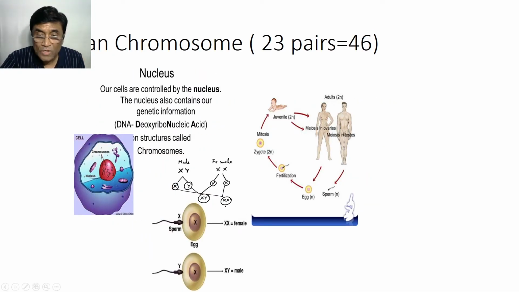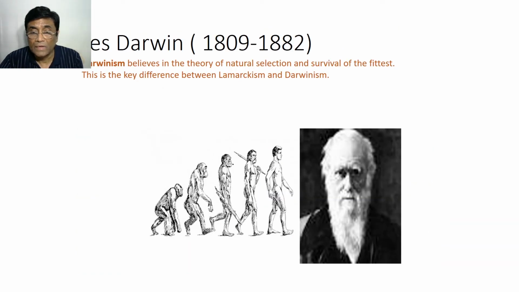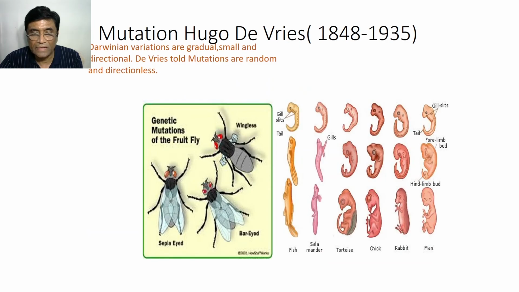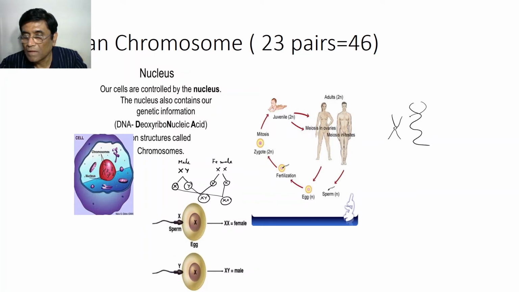So you know that we have chromosomes, and chromosomes have DNA, a double helical structure.